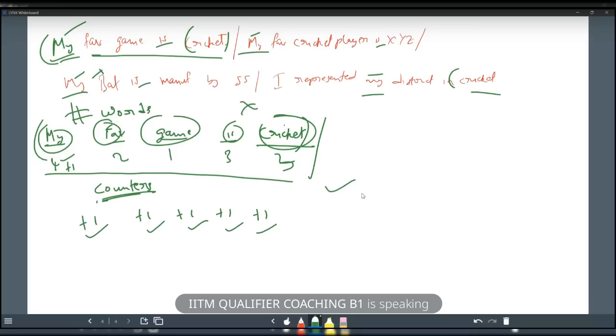Like, without using counters, we need to visit each and every word only one time. My favorite game, blah blah blah blah, and you need to move on like that. There is every possibility that you can make a mistake if you do not maintain a counter.